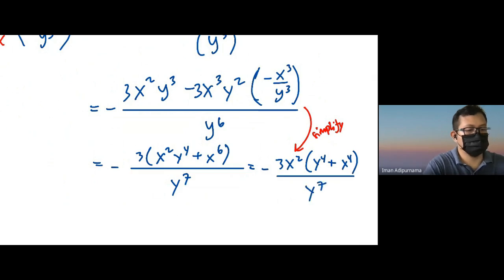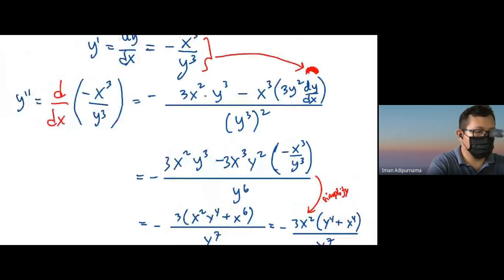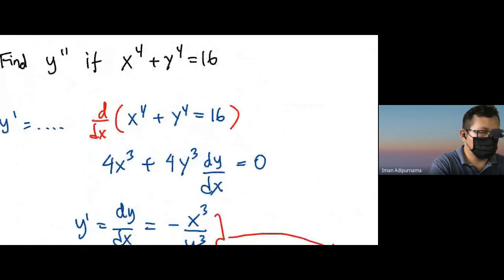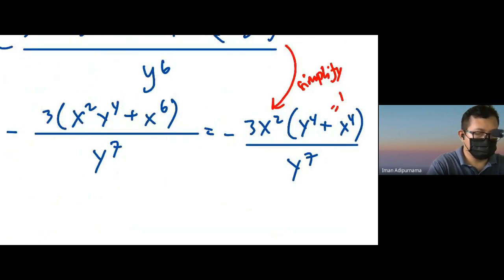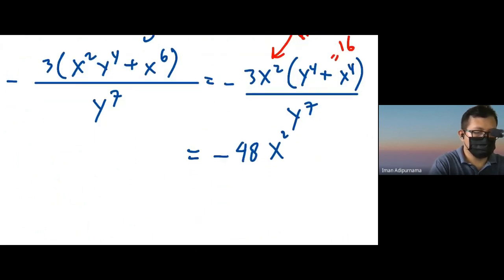Okay. And then looking back, x to the power of 4 plus y to the power of 4 is equal to 16. So the whole thing here is equal to 16. So we can write this as negative 3 times 16, which is 48, x squared divided by y to the power of 7.